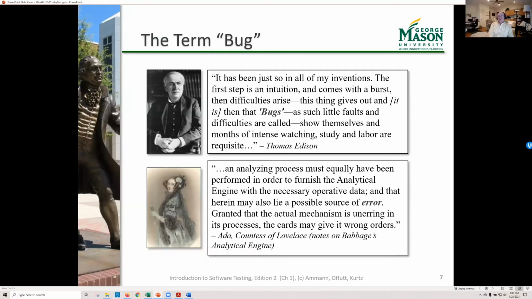I've previously seen stories about, oh, well, when they were building ENIAC in the 1940s, the first big electronic computer, it was sparking or giving wrong answers, and they found that a moth or a fly was caught in it, and so it was called the bug. And that's a good story, but it seems like Thomas Edison predates it. You know, calling bugs as such little faults and difficulties are called.